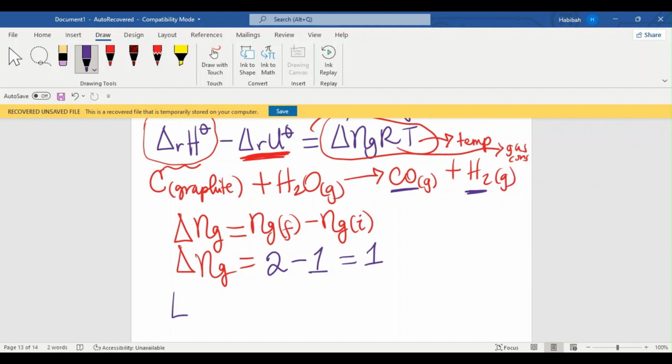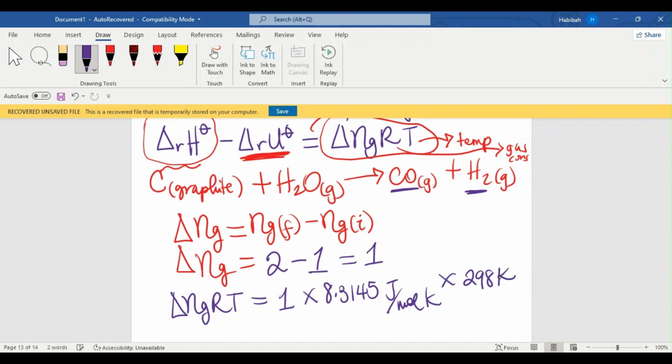So basically, Δn_g times R times T is equal to 1 times 8.3145 joule per mole Kelvin times 298 kelvins, right?